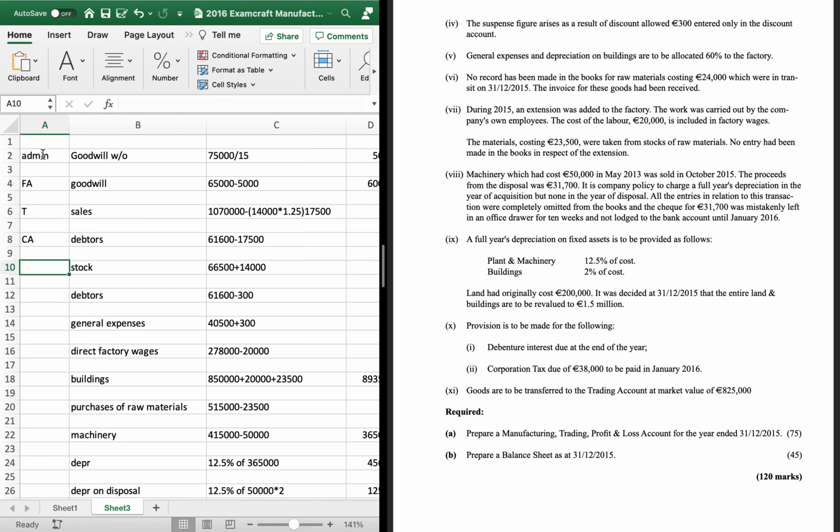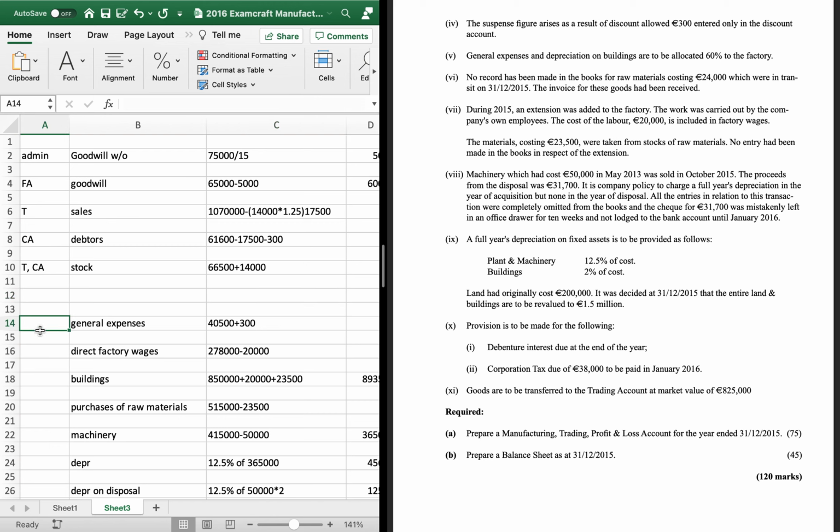Stock, so that's your stock of finished goods, isn't it? So that'll go in the trading account and the current assets. Debtors, which I already had, I should have just put this 300 up here, so I'll just get rid of this debtors.